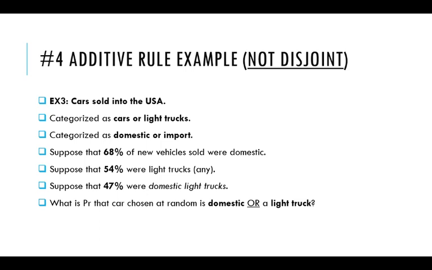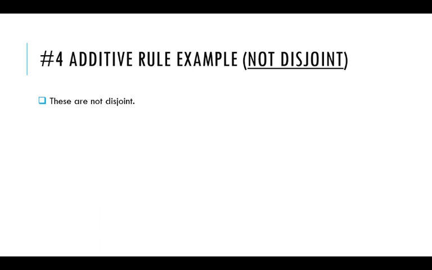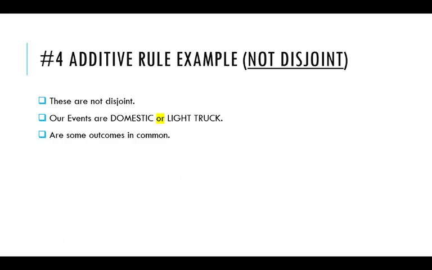Do we agree there's some overlap between domestic and all light trucks? These are not disjoint, right? Because we have two events, domestic or light truck, but we have some outcomes in common.